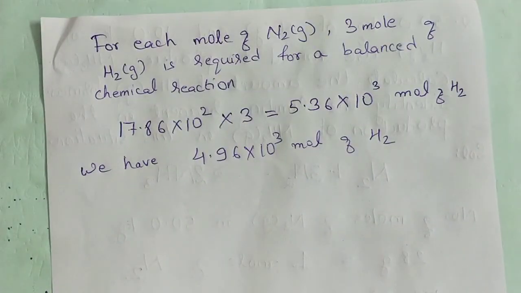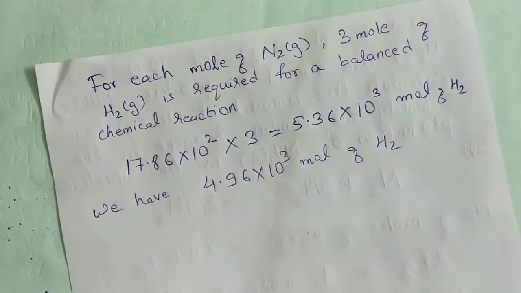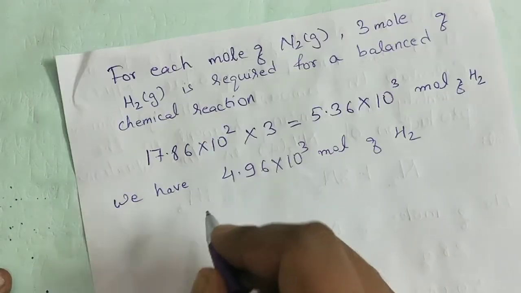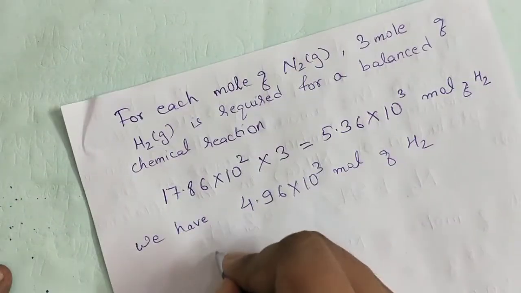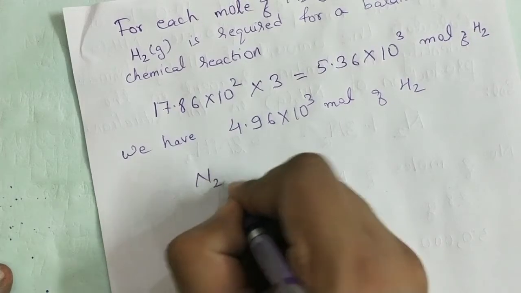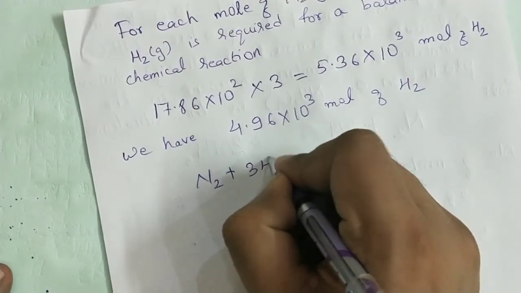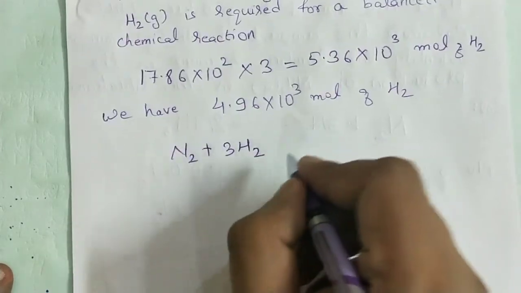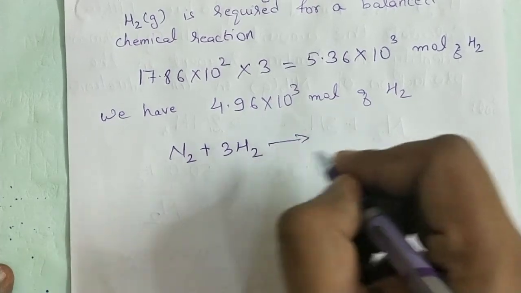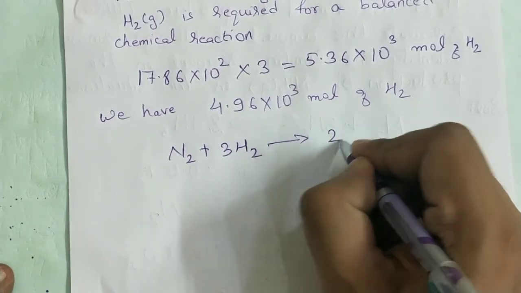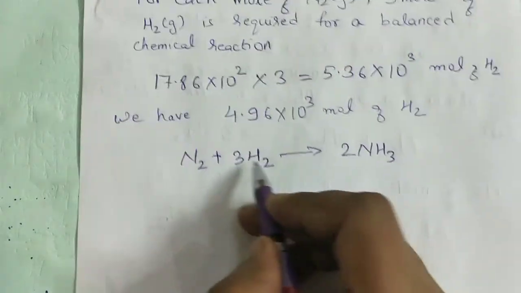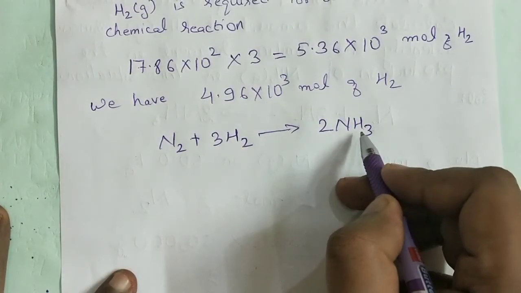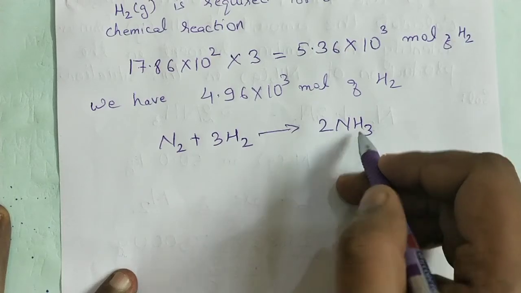So I'll write again back this chemical equation. The chemical equation was N2 plus 3H2 gives 2NH3. Now 3 mole of hydrogen gas will give 2 mole of ammonia.